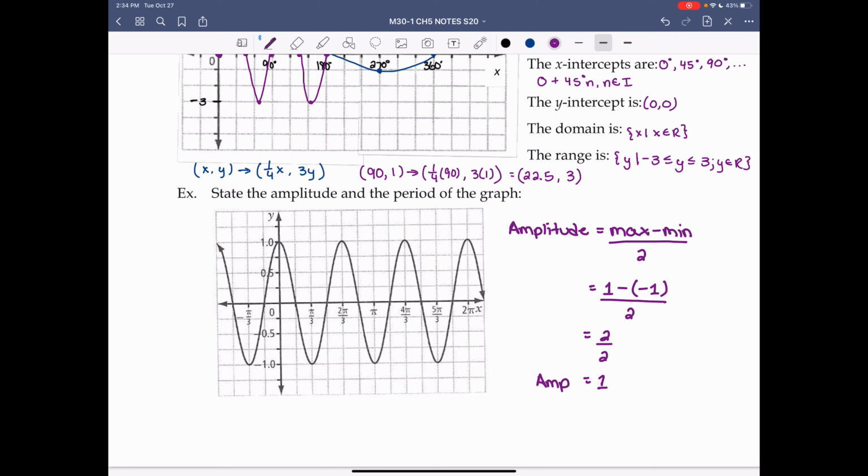The period we can only do by looking at the graph because we don't have the value of b from a function. For reading the period from a graph, it's always ideal if you can start at x equals 0. So we see that the graph has a maximum point at x equals 0. If we go to the right to the next maximum point, we can read the x value, which is 2 pi over 3. That tells us that the period for this graph is 2 pi over 3.